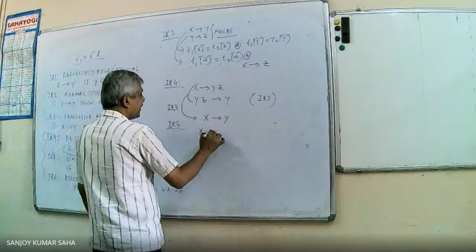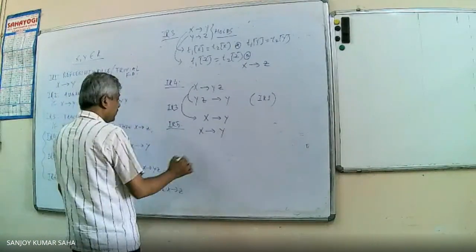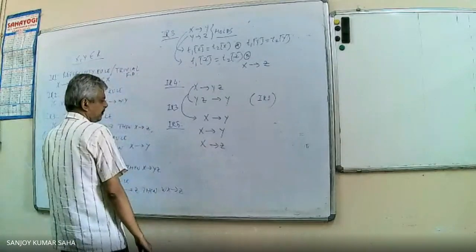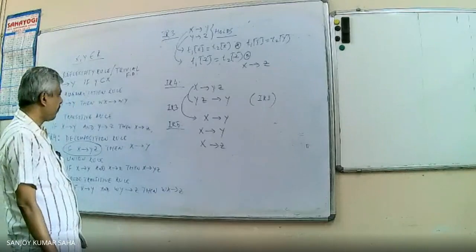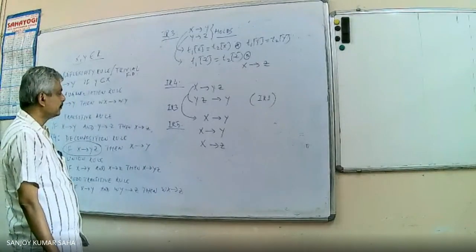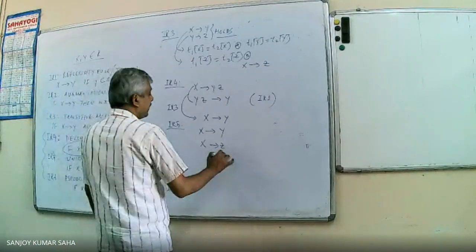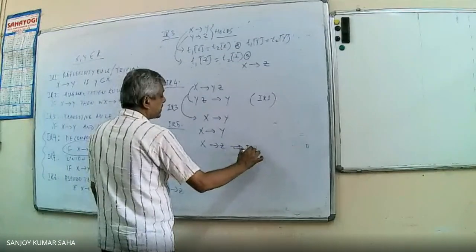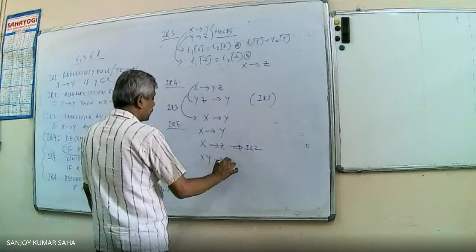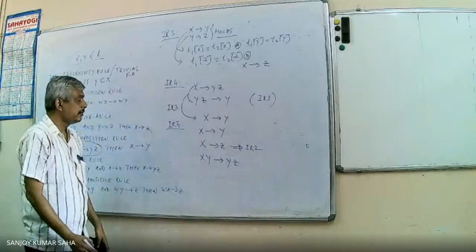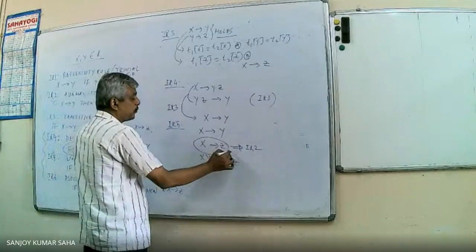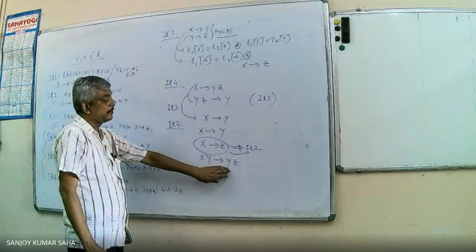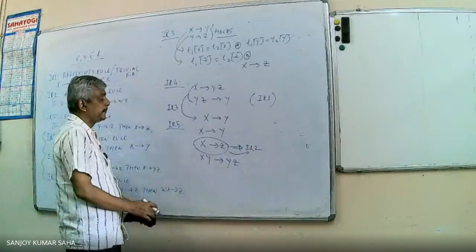If we go for IR5, union: x implies y, x implies z. See, if we apply augmentation rule, so xy implies yz. So on this one we have applied IR2, both sides augmented by y. So xy implies yz.